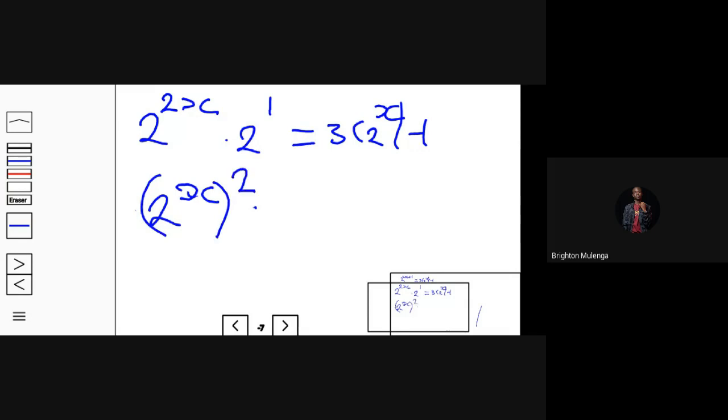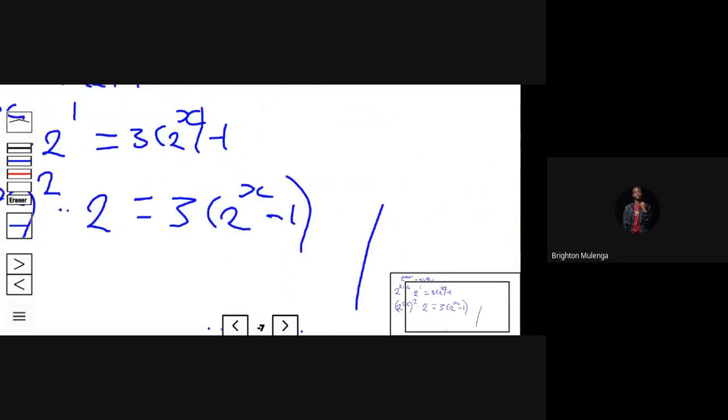Yes, then squared there. So they multiply by the 2 outside, the whole number there. Which is equal to 3 times 2 to the power x, then minus 1. Then from there, just take those to the other side.